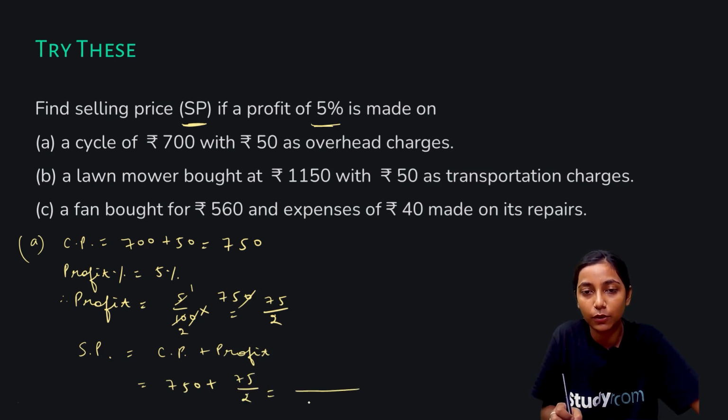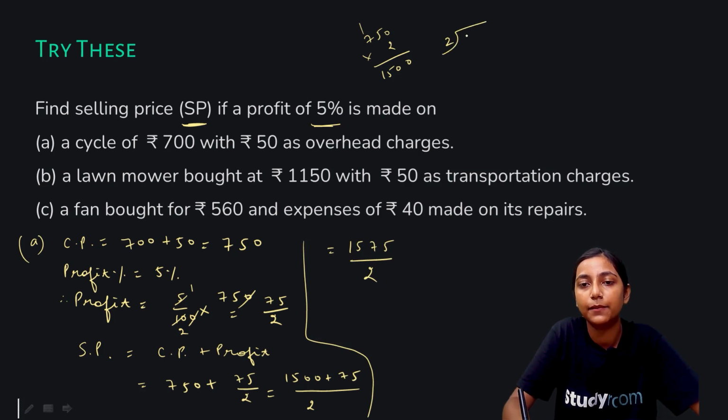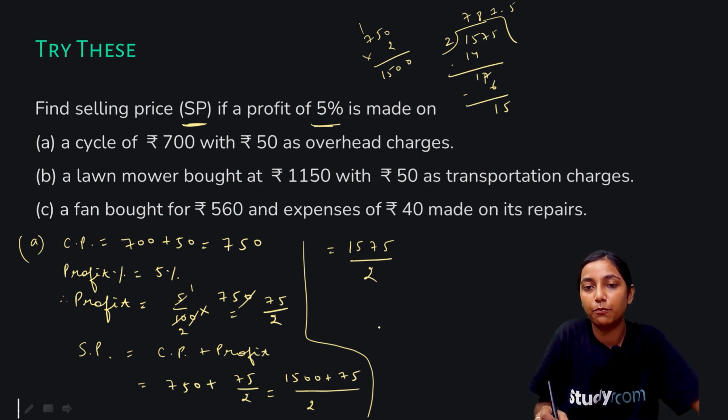And on solving this, what do we get? 1500 plus 75, that is equal to 1575 by 2, and when you divide it, you will get 787.5.